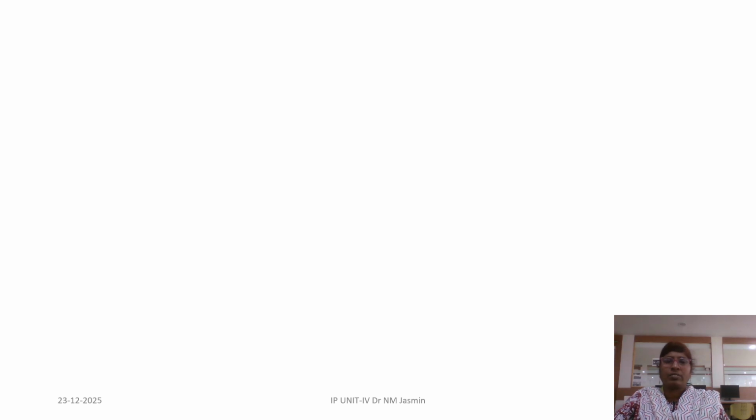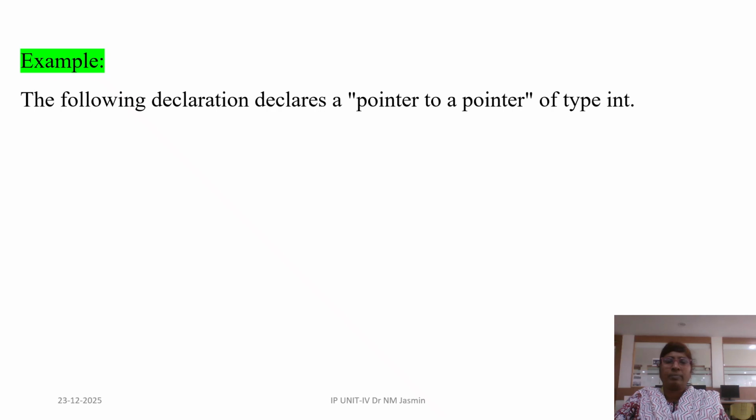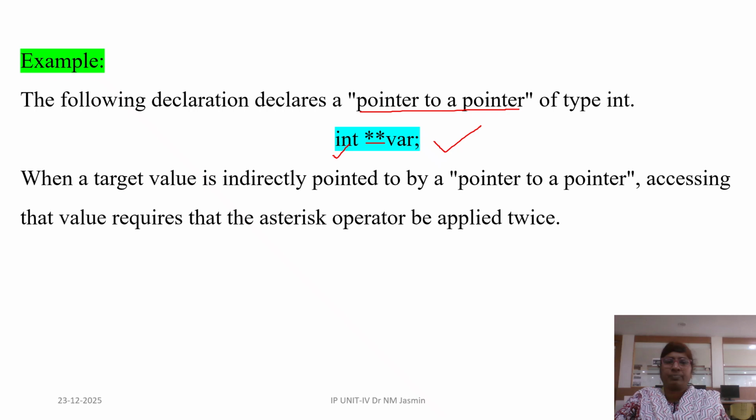Next, if you move to the example, this is the declaration which declares a pointer to a pointer of type int. We are simply using two asterisks here. That is the reason we can call this a declaration of a pointer to a pointer.